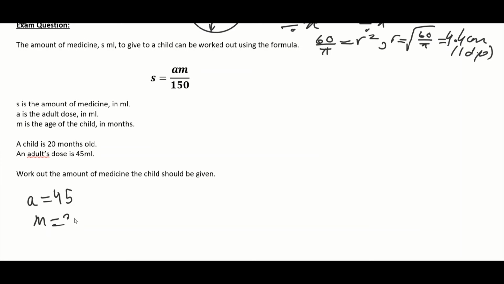So therefore, S, which is the amount of medicine, is 45 times 20 over 150.